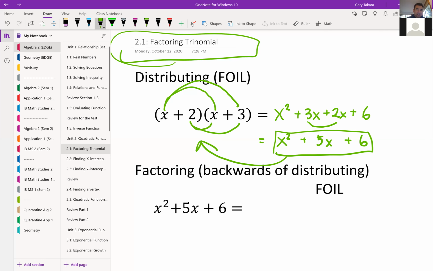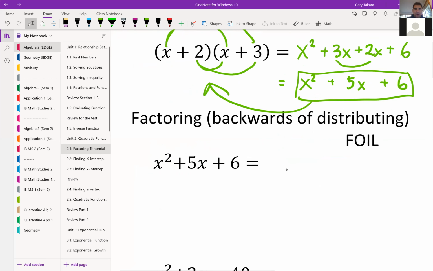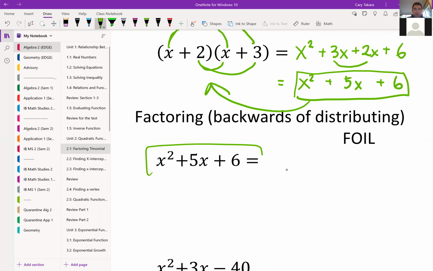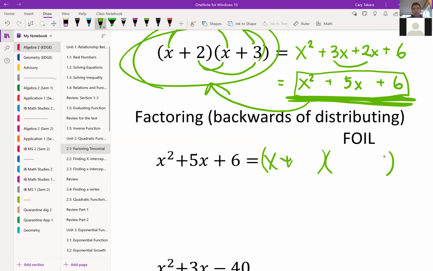So here's the first question. Here I've got x squared plus 5x plus 6. Now, it's the same thing right here, isn't it? Same thing as what we just distributed. And I would like you to put this back into the parentheses. Now, we know that the answer is going to be x plus 2 and x plus 3, right?